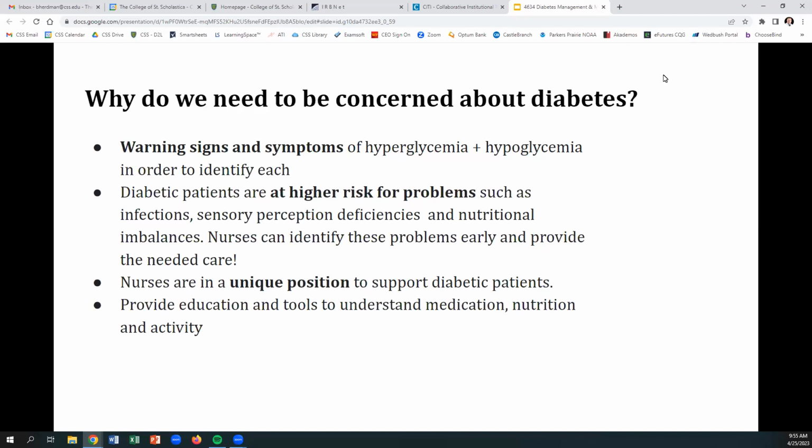Nurses can play a key role here by identifying these problems early and providing the needed care so that the other comorbidities associated with diabetes can be treated and taken care of early on so that they don't get worse.